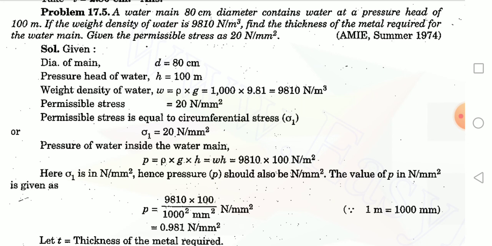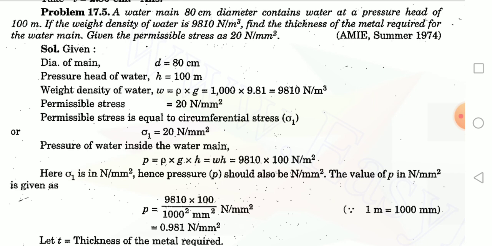So in this problem, the pressure value is not given. So from pressure head and density, we have to find out the pressure. Pressure P equal to rho g H, that is W into H. W is the water density, that is 9810, into height 100.